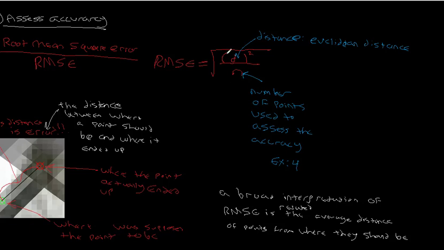That would make sense, because we remove the square, we remove the square root, and we're taking an average of distance, this distance being from where a point is to where it should be.